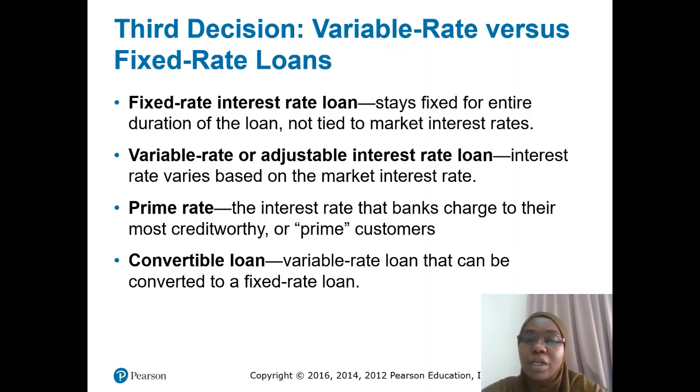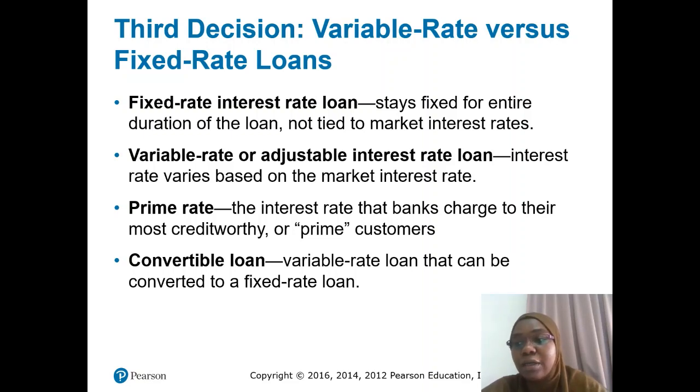The variable or adjustable interest loan will vary based on the market interest rate. So as the market interest rate fluctuates, there will also be fluctuations in the rates of interest which you are going to pay on the loan. The interest rate that banks charge to their most creditworthy or prime customers is what is known as the prime rate.